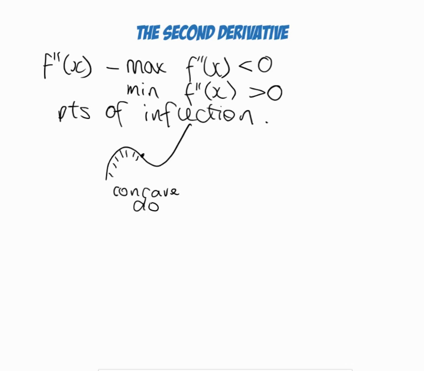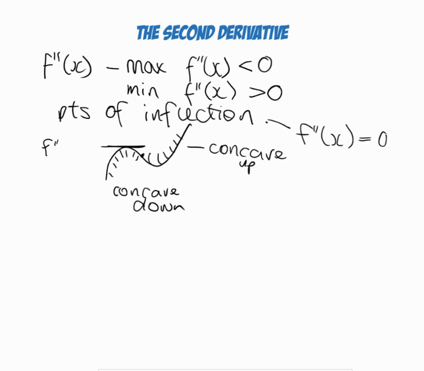It's sort of when you hold your hand upside down, and it's the shape that your hand makes. And conversely, we've got concave up, where you turn your hand the right way up. So it's where the graph changes direction a little bit, and a point of inflection is where f double dash equals 0.